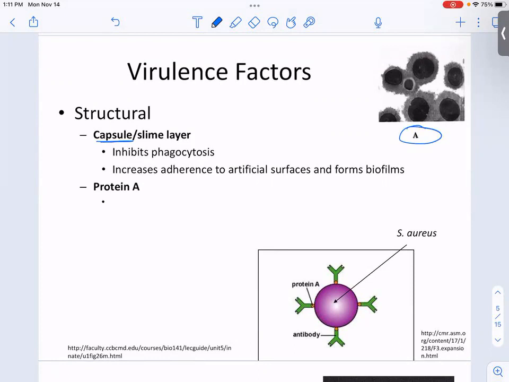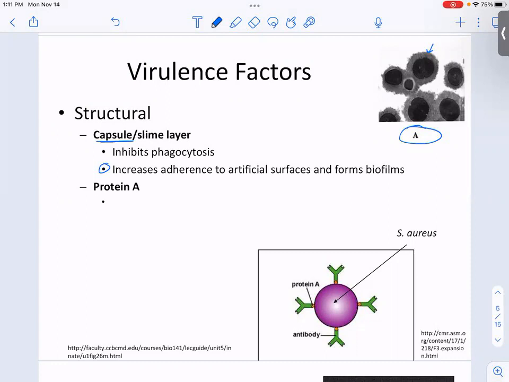I believe that this light gray area is supposed to show the capsule. Remember the functions of a capsule: it inhibits phagocytosis by neutrophils, white blood cells, makes it harder for them to phagocytize the bacteria, and it helps them stick to artificial surfaces. So again, catheters, implants, things like that, helps them form biofilms.